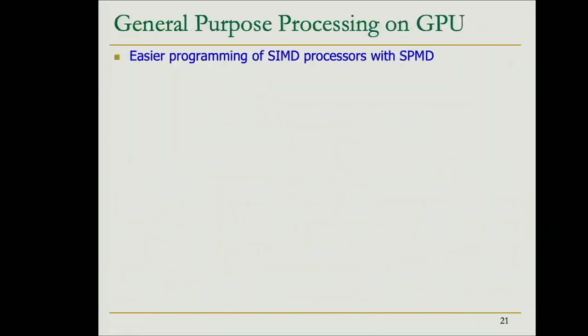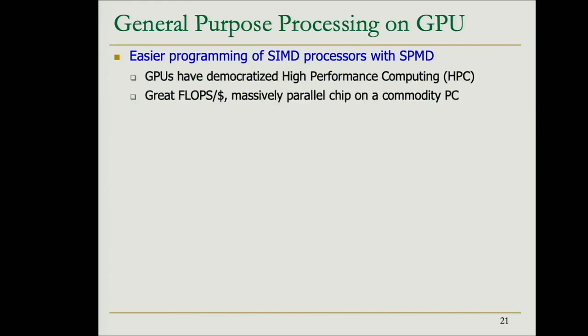This trend of general purpose processing on GPUs, as I said, started 12 or 13 years ago, and the most interesting contribution here is that it's easier to program SIMD processors with the SPMD programming model. We already discussed this SPMD programming model the other day.